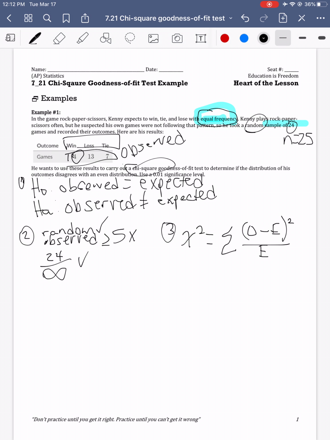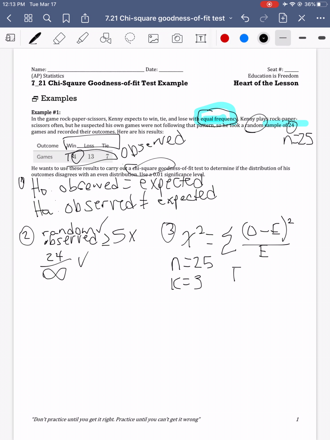So we would expect to win, lose, and tie equal times. We play the game 24 times, so n is 24. And there are 3 possible outcomes, so k is 3.